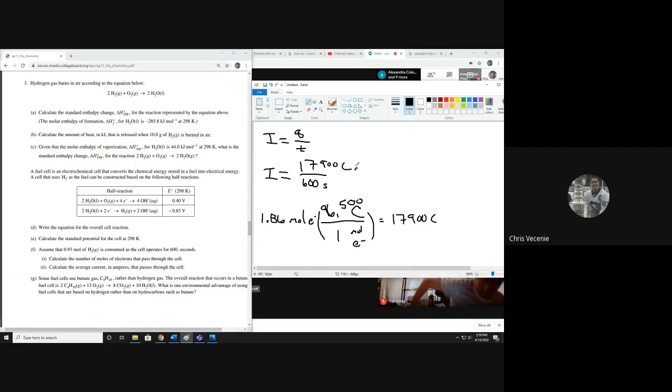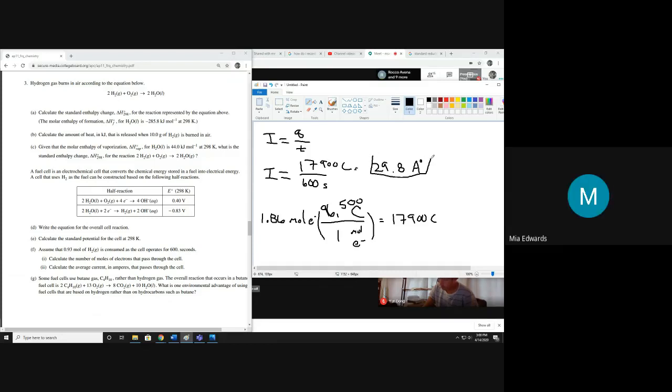Divide that by the 600 seconds, and you're going to get 29.8. And remember, coulombs per second is amps.